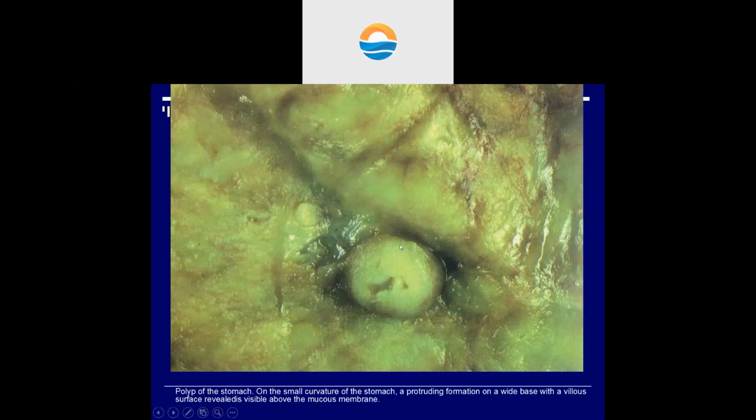It is a polyp. A polyp is a benign neoplasm, but sometimes it is not a neoplasm at all. It is an inflammatory polyp, as you must remember from the previous classes on chronic inflammation.